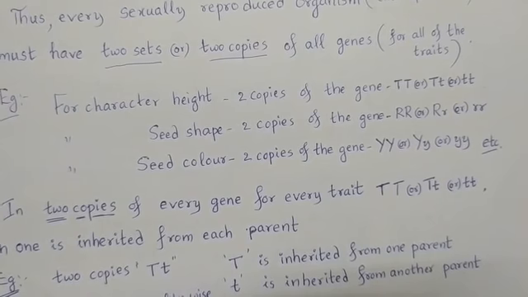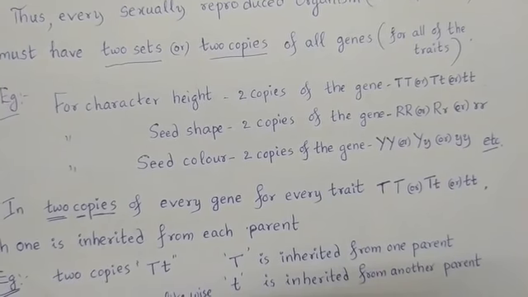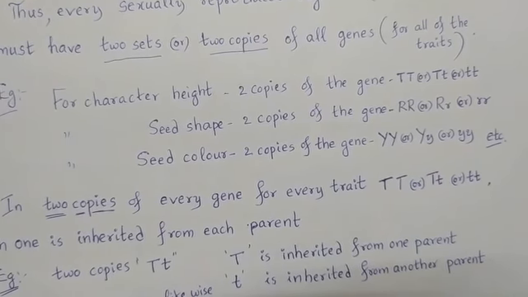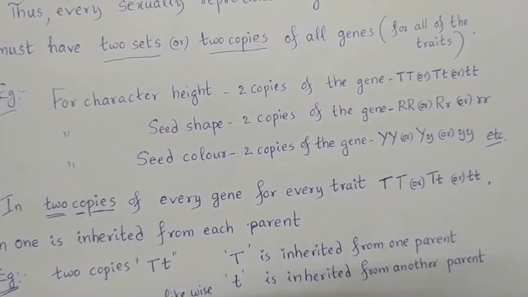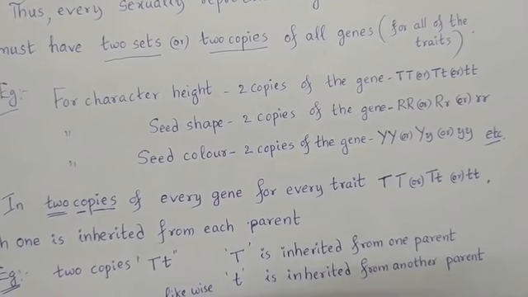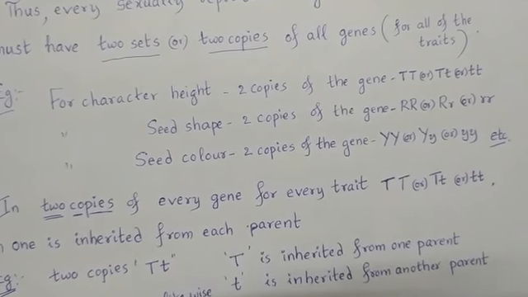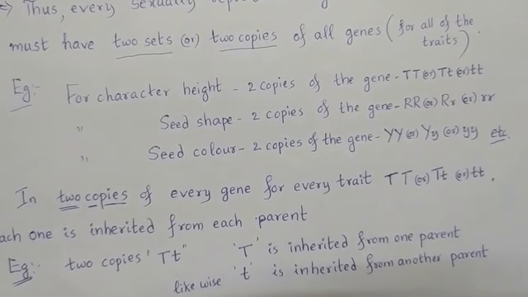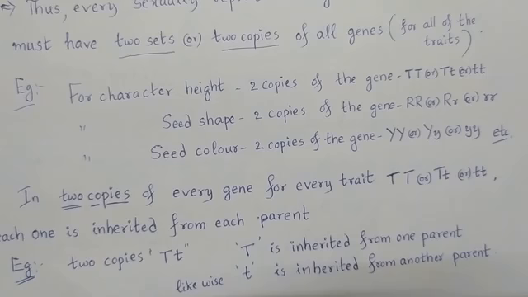Small r small r, wrinkled. The expressed trait is wrinkled. For the character seed color, two copies of the gene, capital Y capital Y, yellow, capital Y small y, yellow, small y small y, green. Like this, two copies of genes are present for every trait.